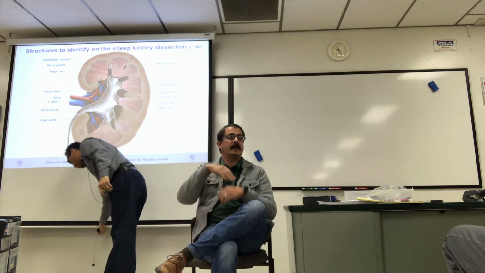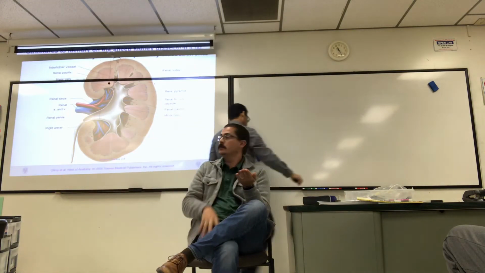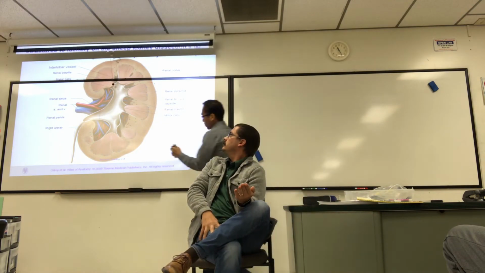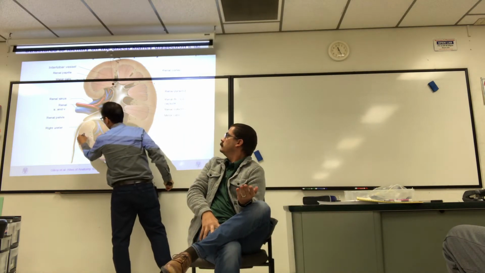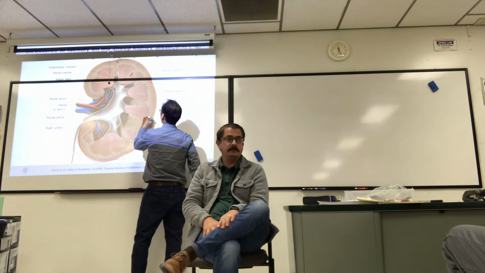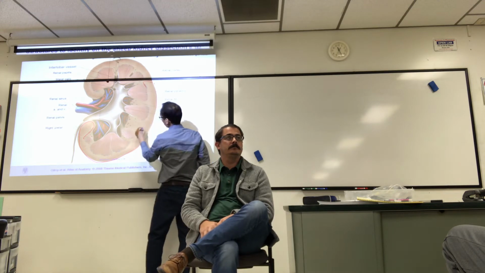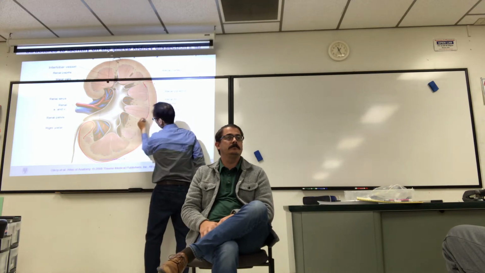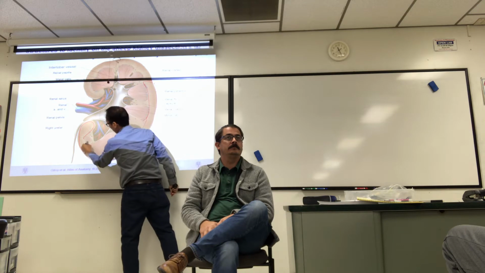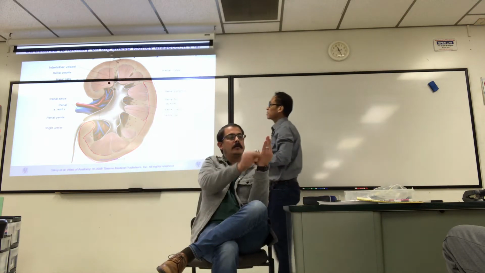The outer region is called the cortex. Let me trace over this to make it a little more clear. I'll say the outer part, roughly tracing in red, is the renal cortex.